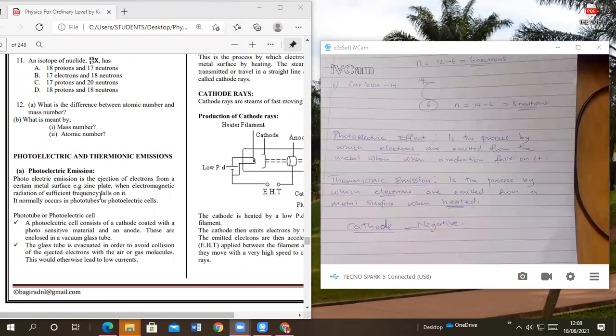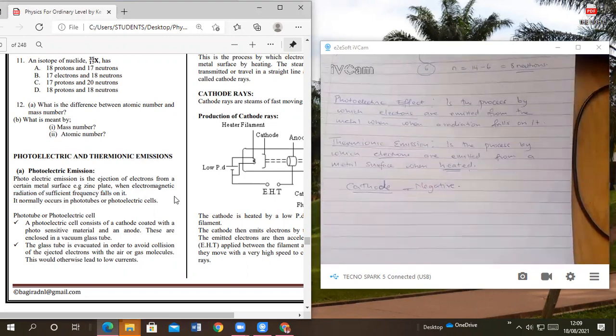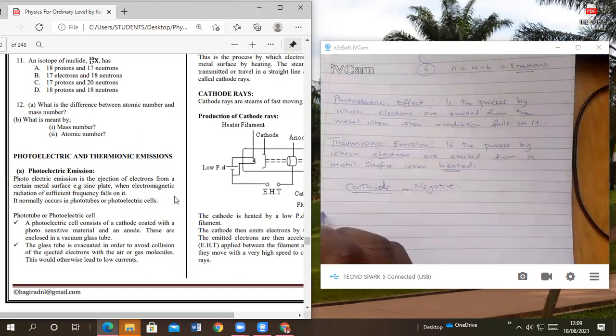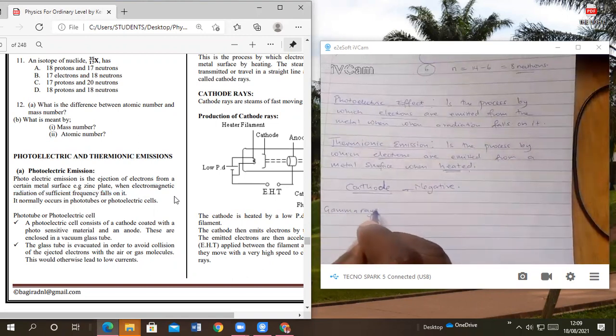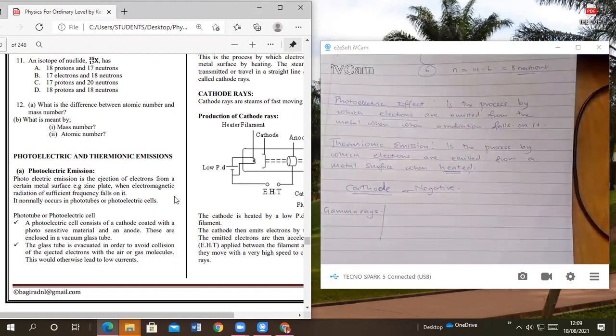So there must be a radiation in the form of an electromagnetic radiation. There are seven electromagnetic radiations, all waves. We have the gamma rays. These are radiations in form of electromagnetic waves.